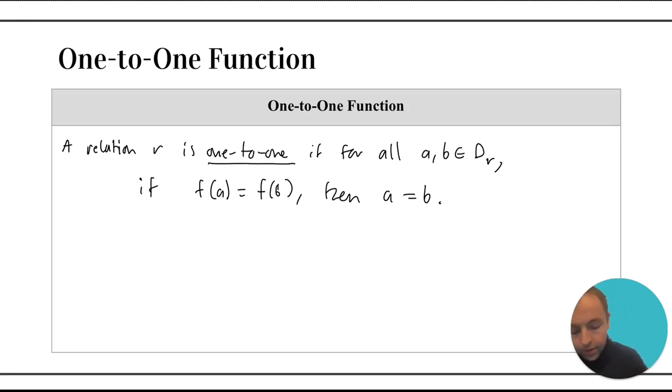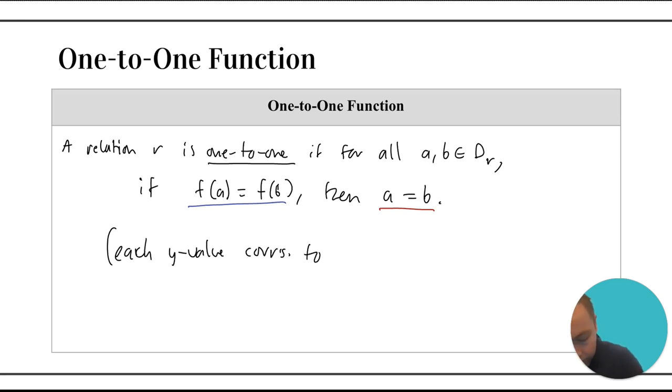So basically all that's saying is if you have some certain y value that the relation obtains, then actually there can only be one x that goes to any particular y value. So each y is only corresponding to one x in looser terms, right? So each y value just corresponds to just one x.